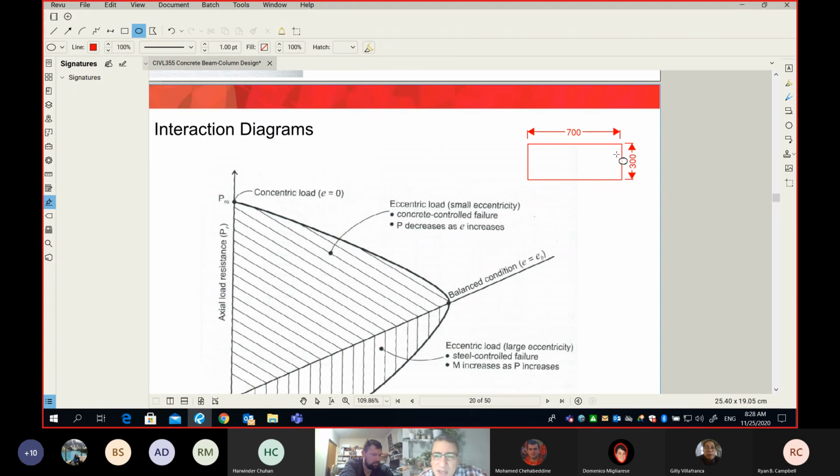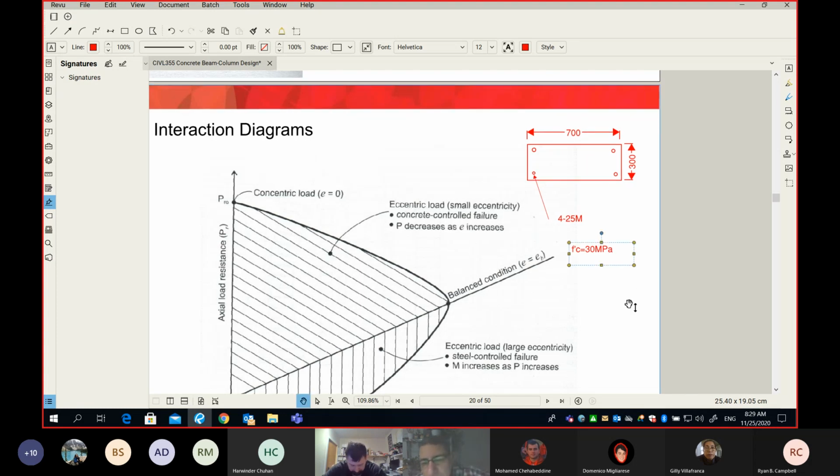We have one bar here, another bar here, and so on, just to make it simple, with a total of 4-25M bars. And I will give you one more piece of information: f'c is equal to 30 MPa.